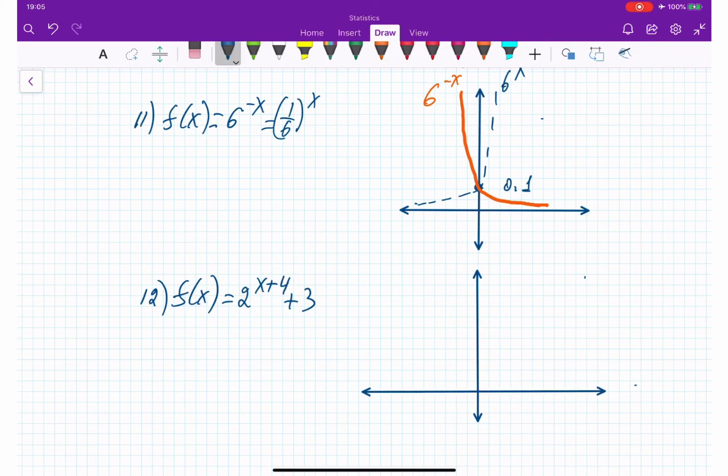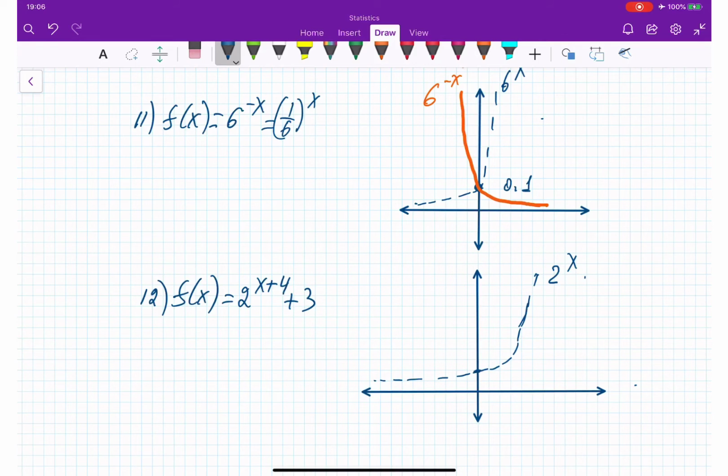So let's see. Our horizontal shifting is going to be -4, right? Let's put the graph. 2 to power x. This is our original graph, 2 to power x. Now, 2 to power x plus 4 and then plus 3.